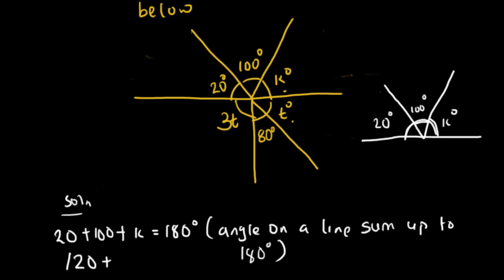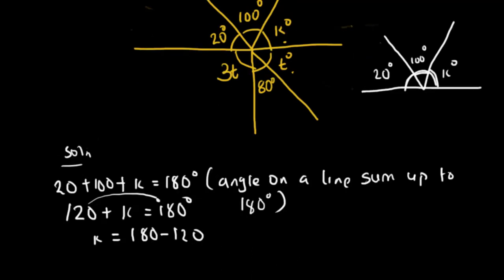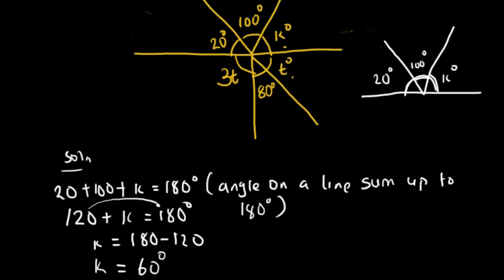So we have 120 plus K equals 180 degrees. We collect like terms. 120 goes to the other side. So we'll have K equals 180 minus 120. Do you understand? So K equals 180 minus 120, which gives us 60 degrees. So it means that K equals 60 degrees. Does this make sense?